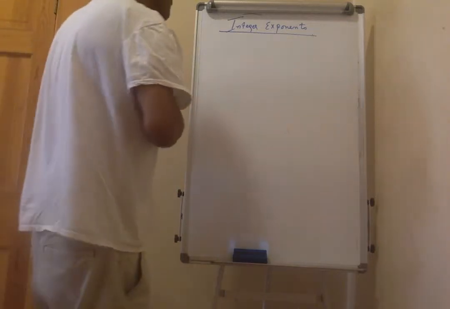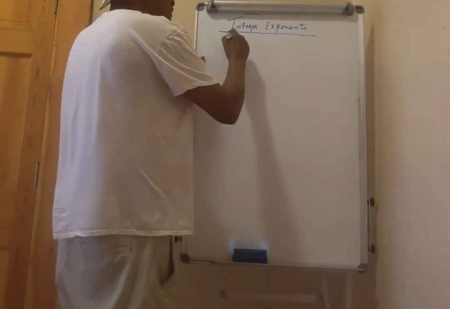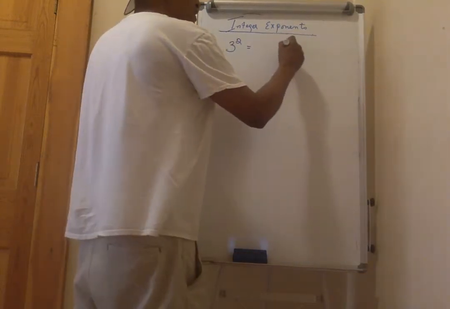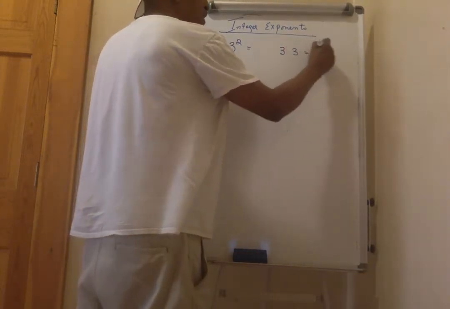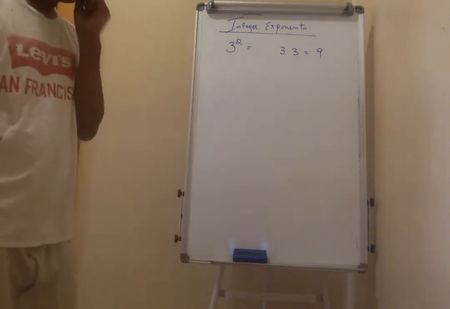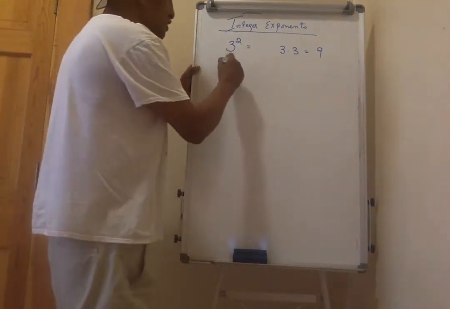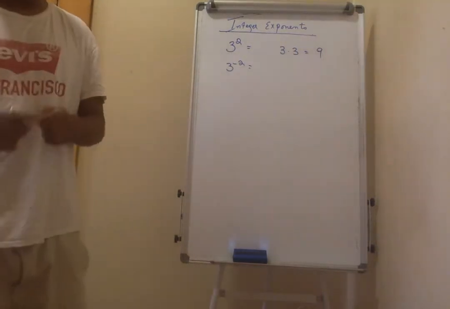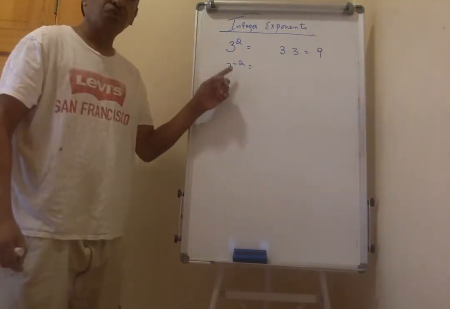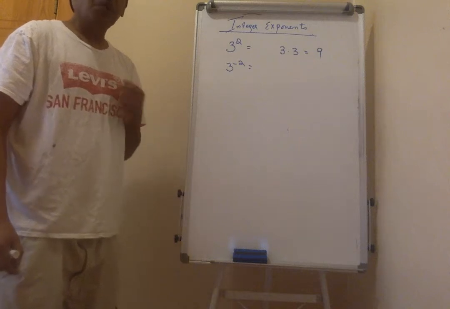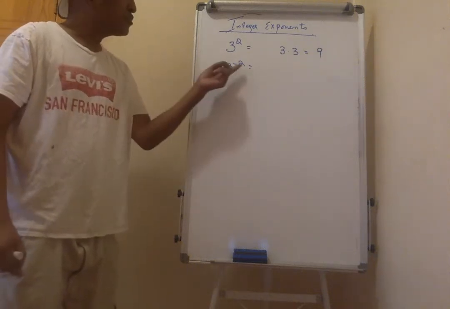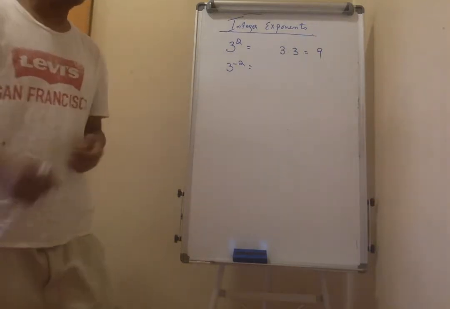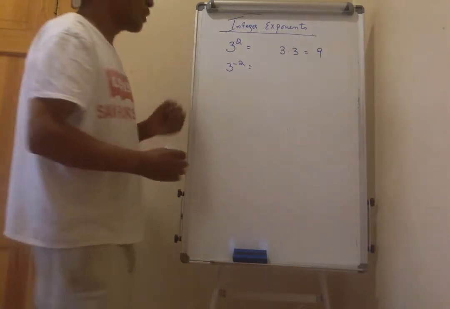Now, we say 3 to the second is 3 times 3, which is 9. But 3 to the negative 2, the negative sign tells me what I should do to the base. Meaning what? I need to turn negative 2 into positive 2. In order to do that, I have to find the reciprocal of 3, which is 1 over 3.